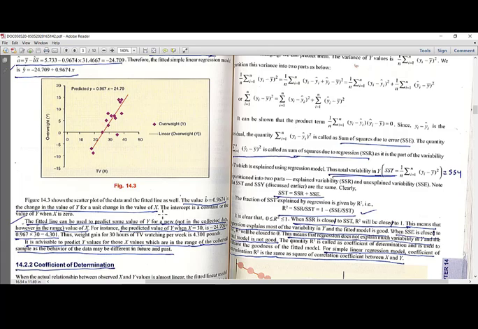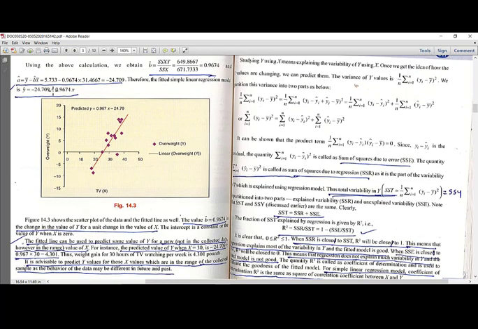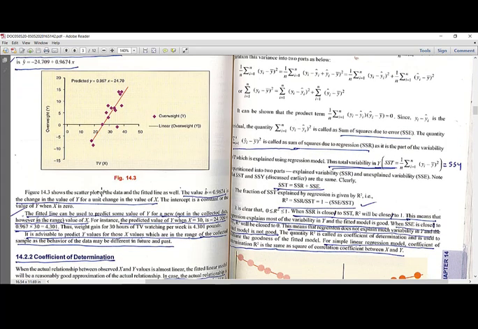For example, the predicted value of y when x equal to 30, then we will substitute the value of x as 30 here in this equation. Then the predicted value of y will be minus 24.709 plus 0.9674 multiplied by 30. So that is coming as 4.301.